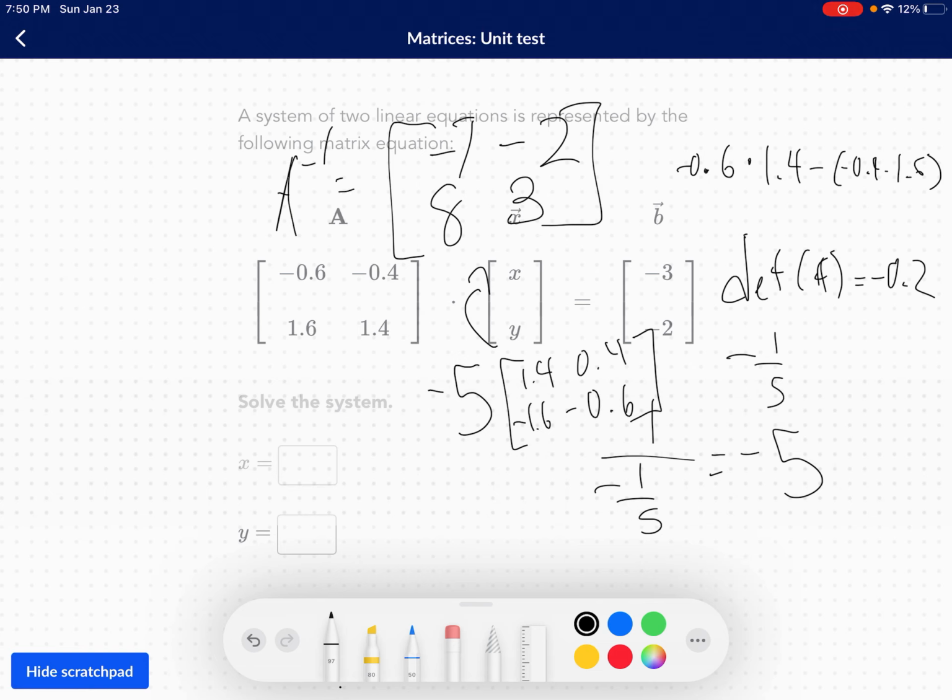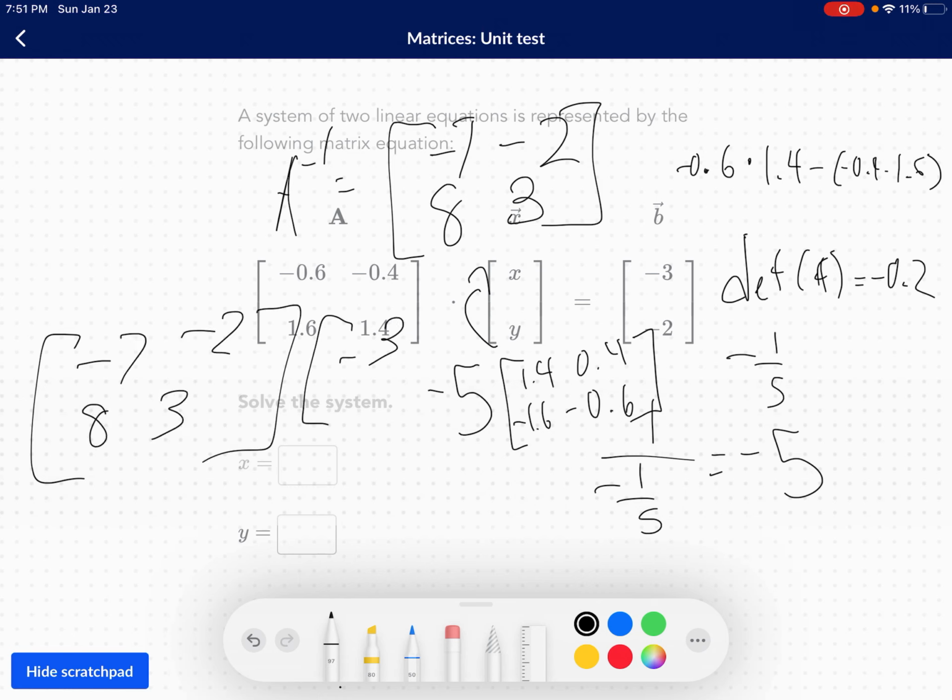And we're trying to find vector x. So you just multiply that by b. Negative 7, 8, negative 2, 3, multiplied by b. So negative 7 times negative 3 is 21. 21 plus negative 4 is 17.